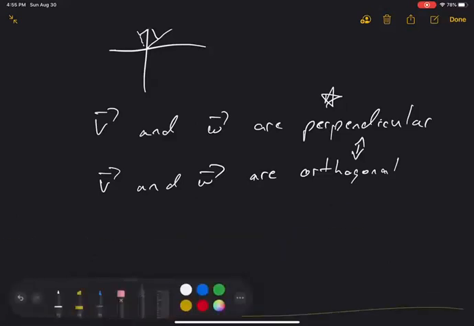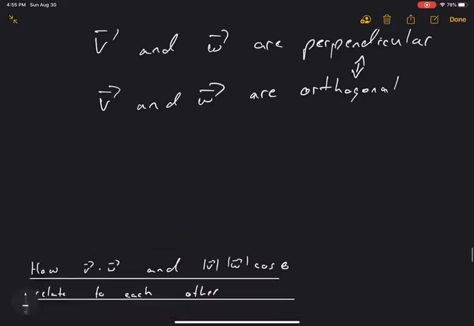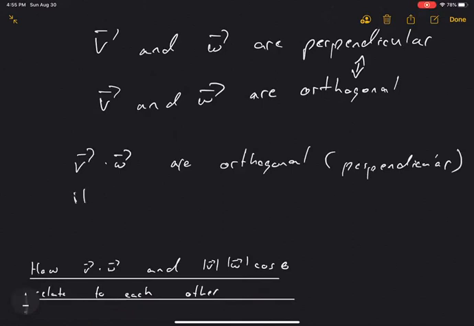And in fact, the book gives us this nice theorem: v and w are orthogonal if and only if v dot w equals 0.